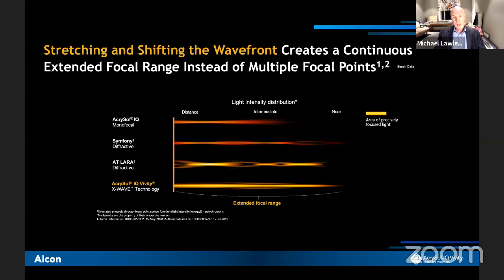I think it's a really good lens, has very clear vision, but it does have some parts where, because it's effectively a multifocal lens, the light is missing or degraded. Whereas the Vivity, which is the bottom, shows really a monofocal profile in terms of the intensity of light, but it continues past the intermediate towards the near.